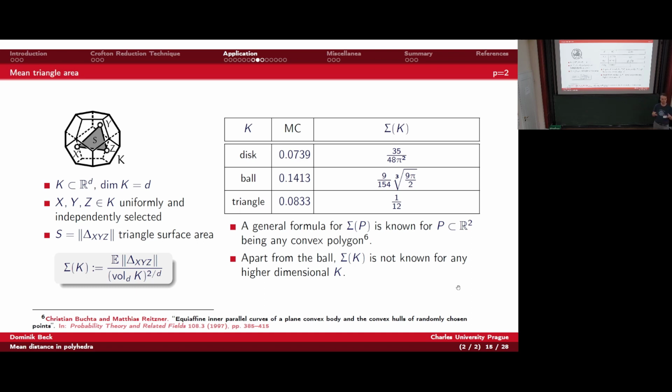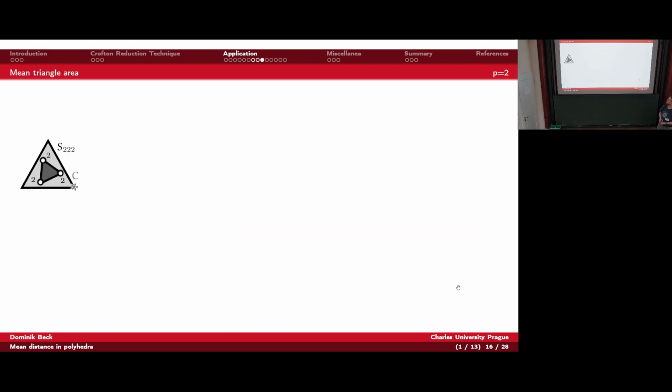So no polyhedron has its mean value of a random triangle inside expressible in an exact form. I would like to show you how to calculate the mean area of a triangle inside a triangle. I think it's a very nice example, which turns the problem of solving a 6-fold integral into a kindergarten problem, I would say. A very easy one.